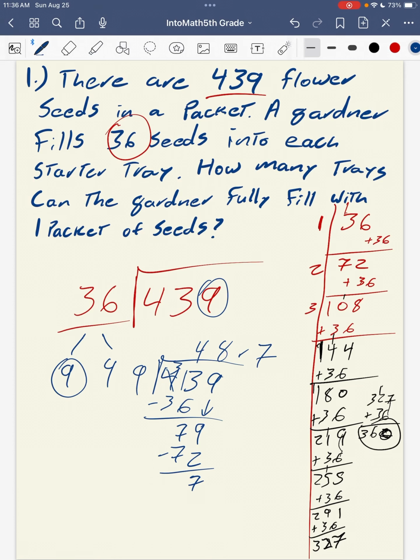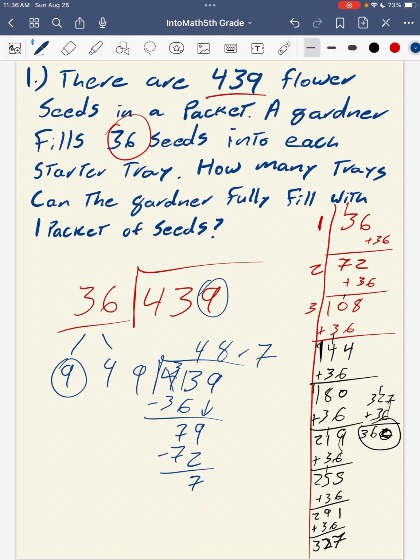This gives me a remainder. Not sure if that's the best factor to go about. And as you can see, it takes a little bit of time, a little bit of practice to figure out the best way to split up 439 by 36.